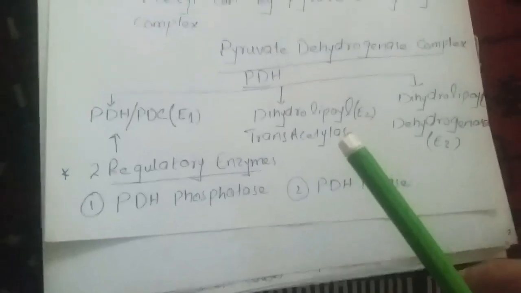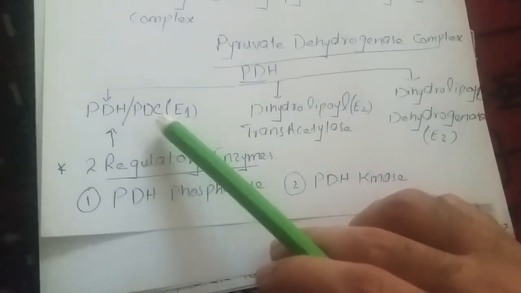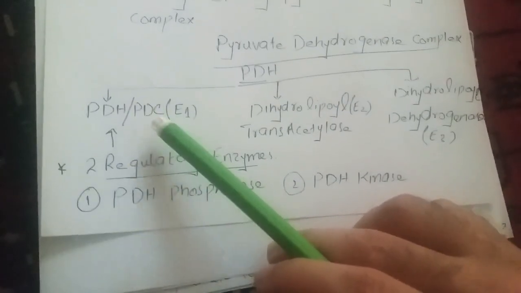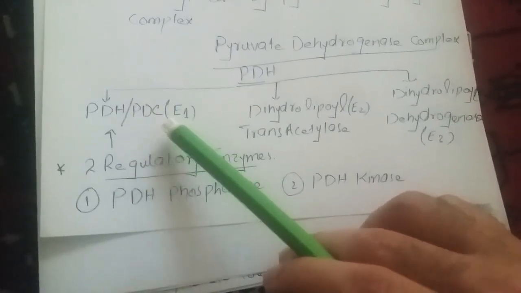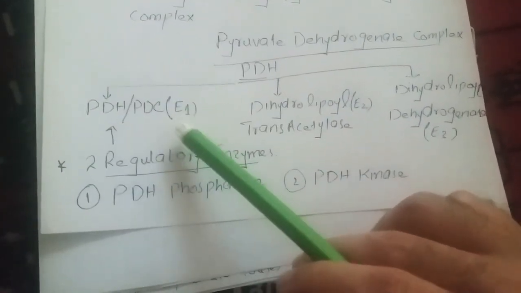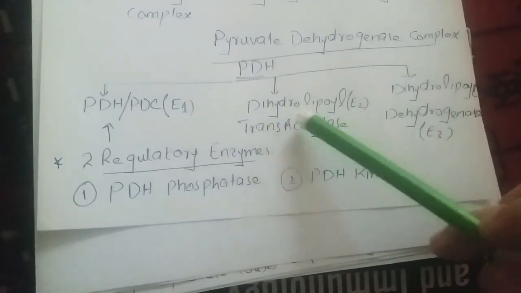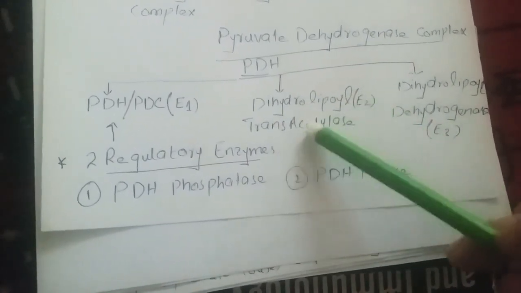It consists of three functional enzymes and two regulatory enzymes. The three functional enzymes are pyruvate dehydrogenase or pyruvate decarboxylase, which is the first enzyme and is therefore also called E1. The E2 or second enzyme is dihydrolipoyl transacetylase.